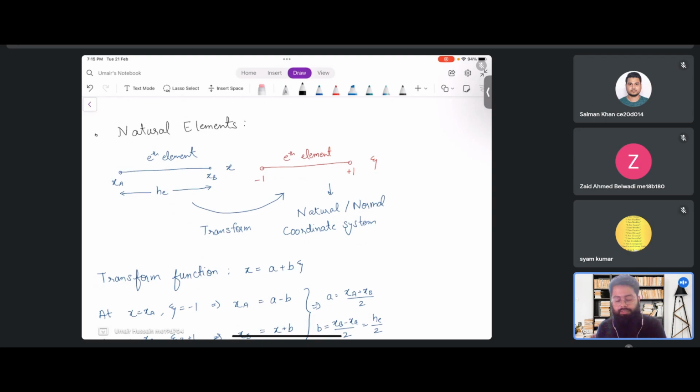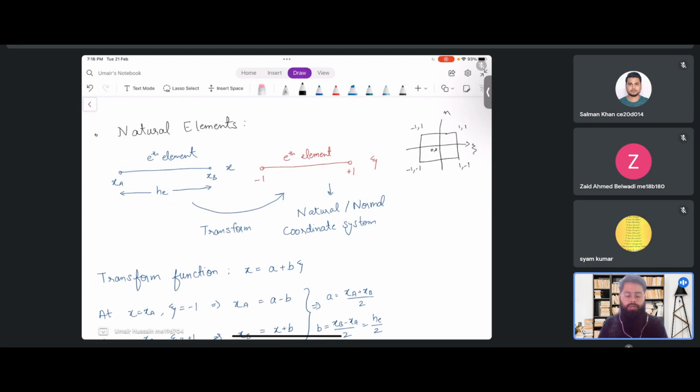For 2D, there can be different ways. If it's a quadrilateral element, then it's a quadrilateral like this. So it's 0 here, then it's minus 1, 1, 1, minus 1, 1, minus 1, minus 1.